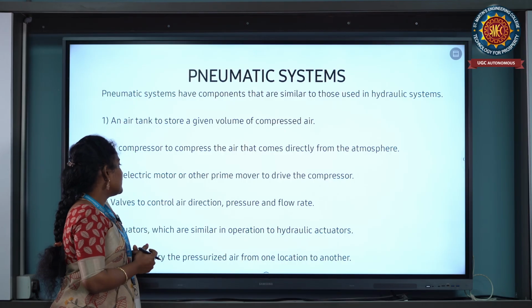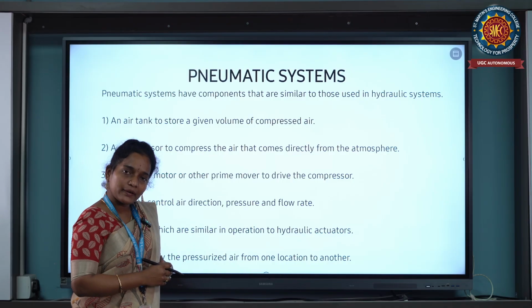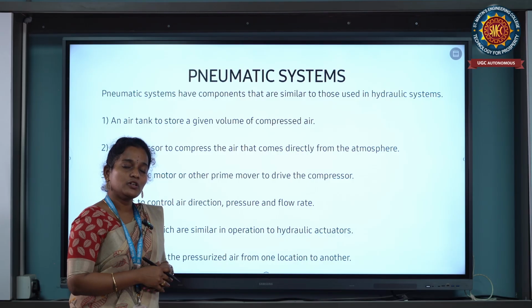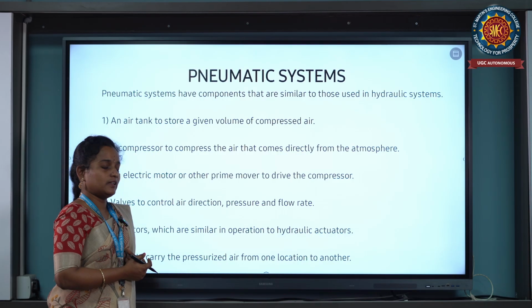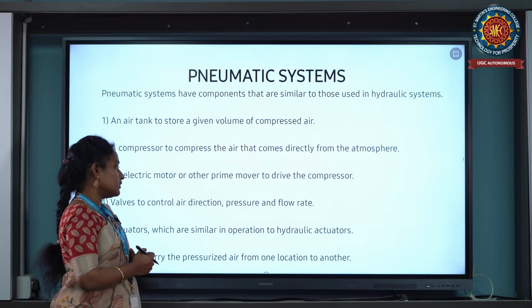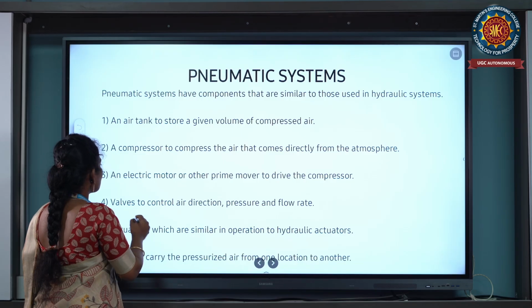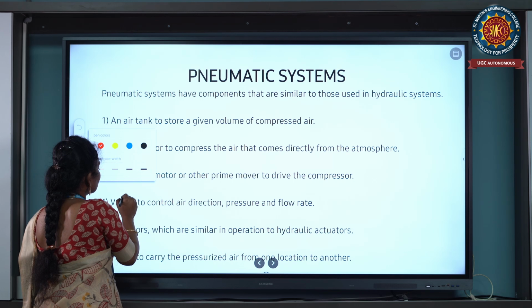And the third one is the electric motor. The electric motor is used to drive the compressor. The compressor is run by a source, and here the source is the electric motor only. The next component is the valve. Which type of valve are we using here?